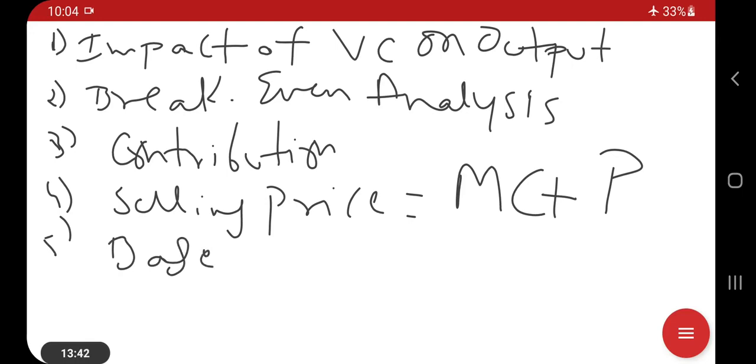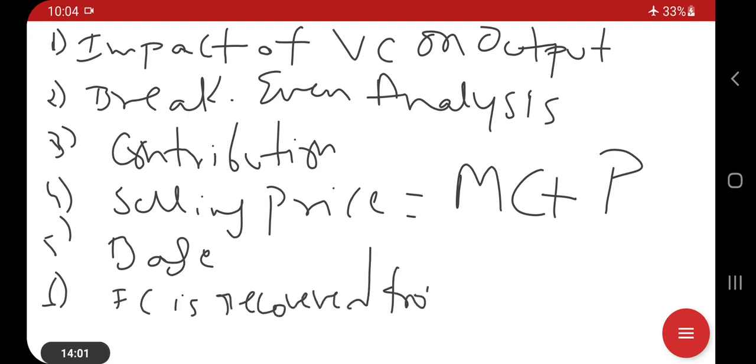Fixed cost is recovered from contribution and variable cost is charged to production. One of the other features is fixed cost is recovered from contribution.